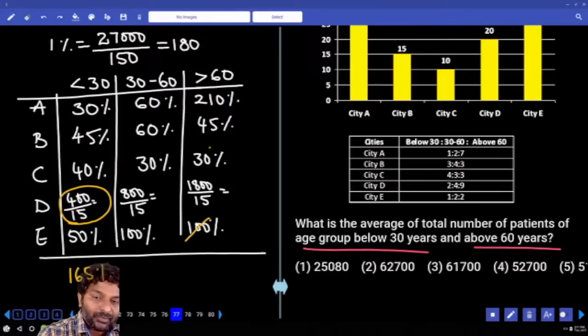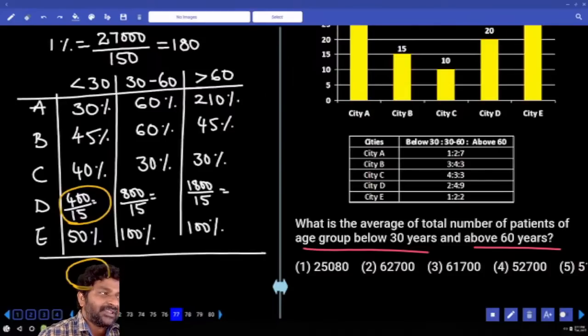100, 130, 175, 285. Understood? 385. Correct? Plus 165.